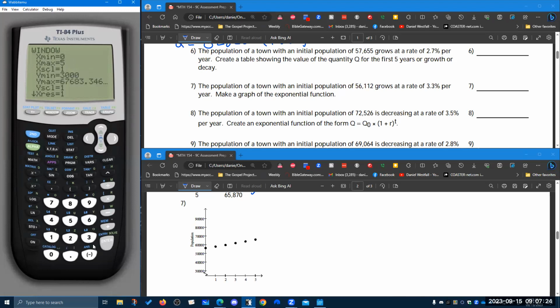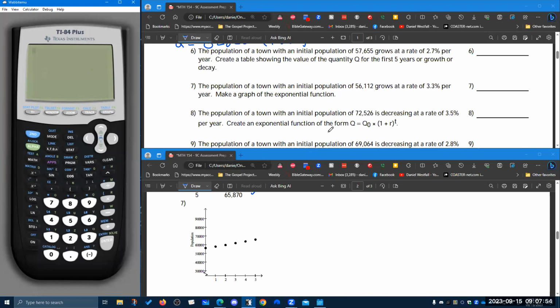My Y max is going to be 90,000. And my scale is going to be by 10,000s. And there's the data points that we got. Okay.